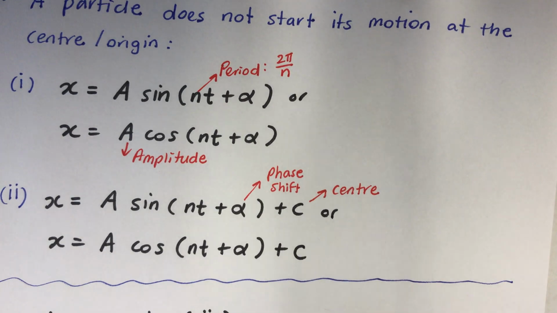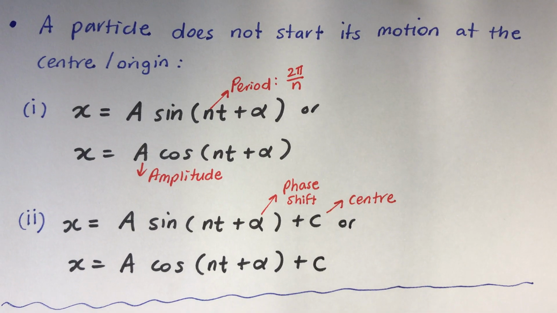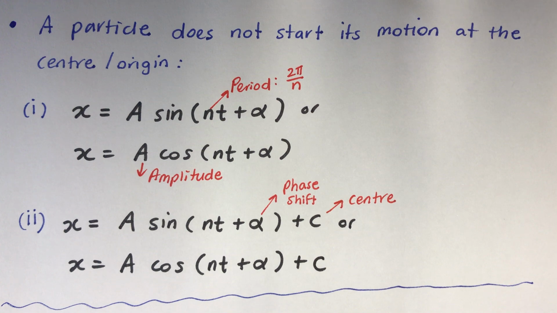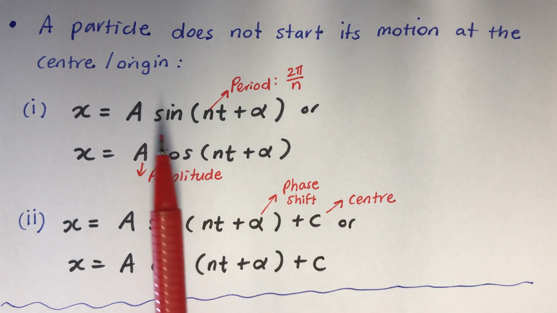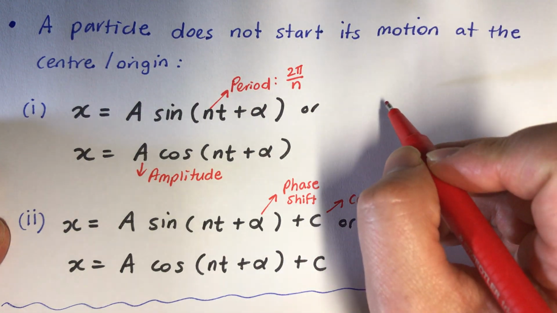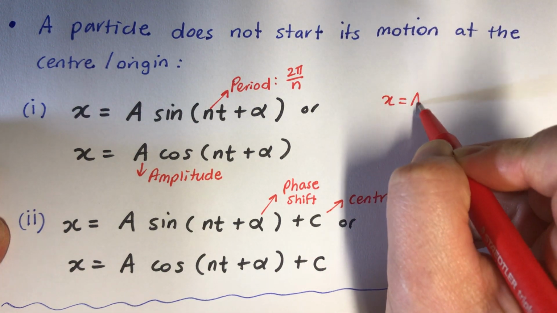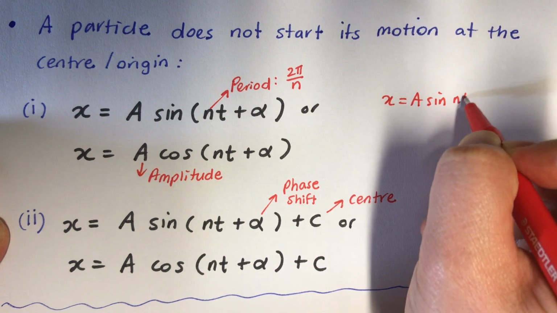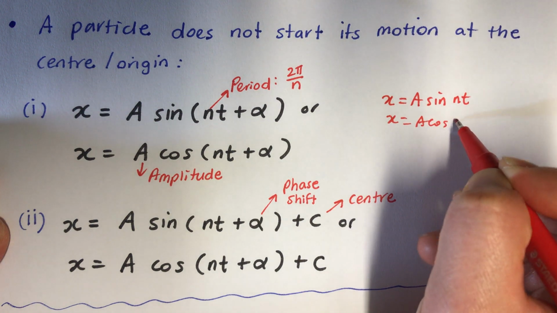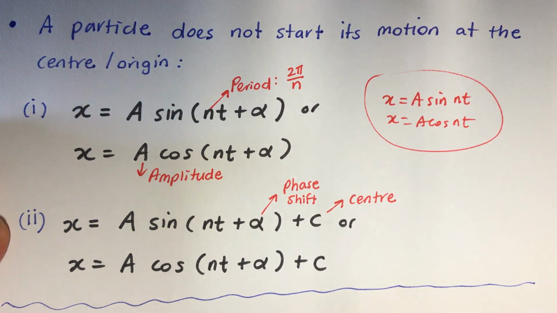All right, next one. Let's have a look at it a little bit more. A particle does not start its motion at the center origin. You will have these two types there. When it starts at the origin, do you remember, it was x equals a sin nt, or x equals a cos nt. So that definitely starts at the origin.